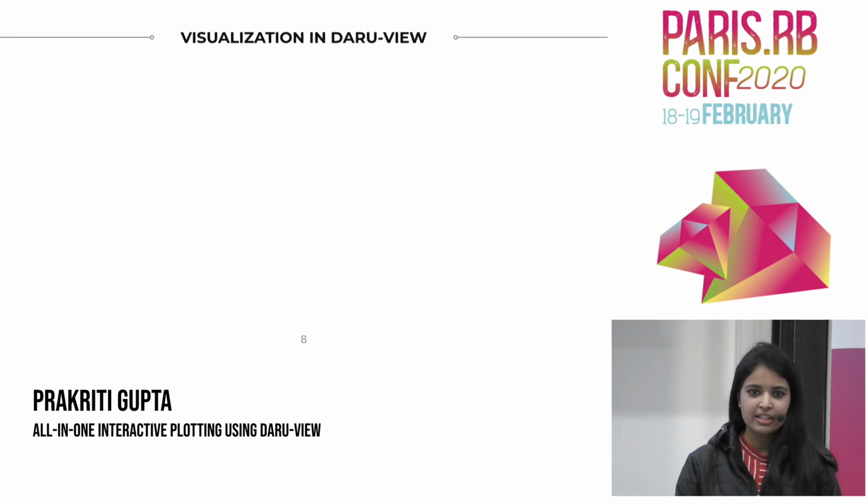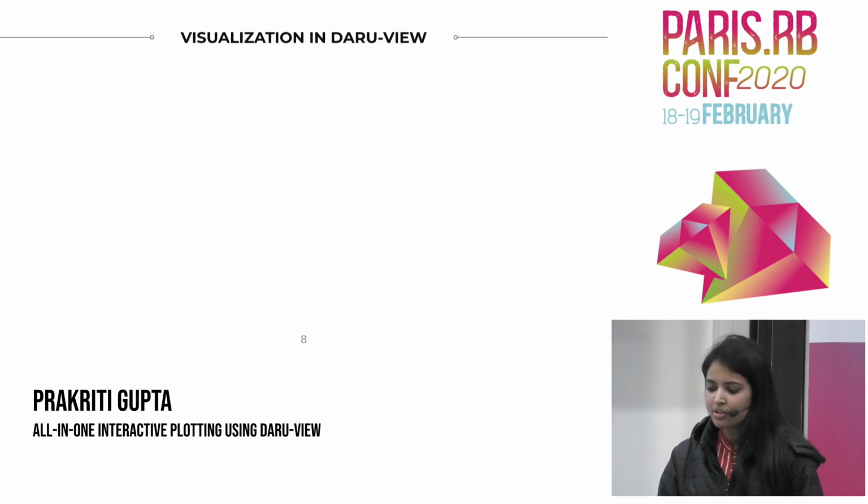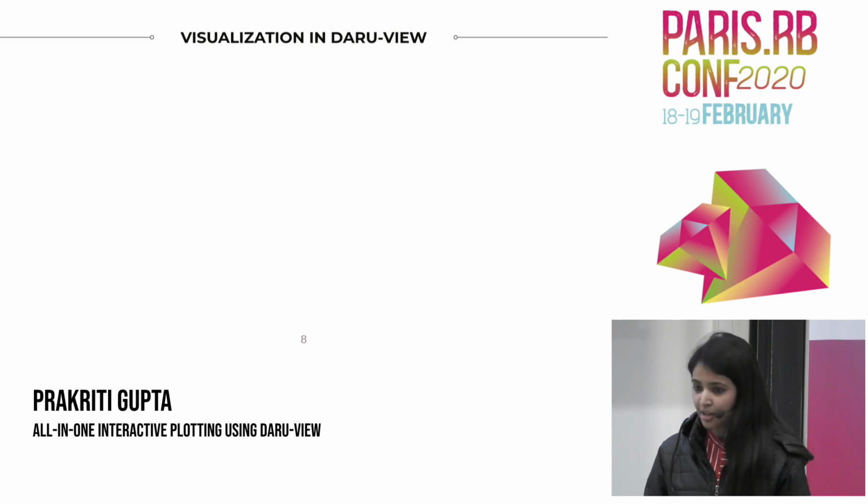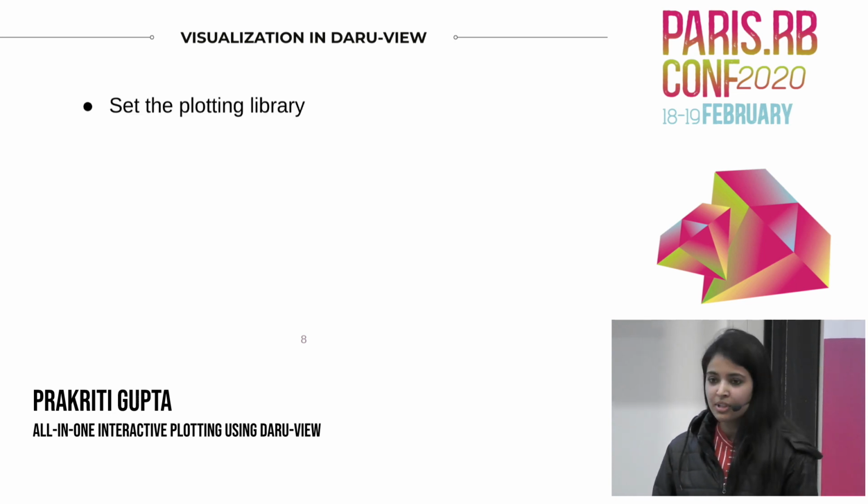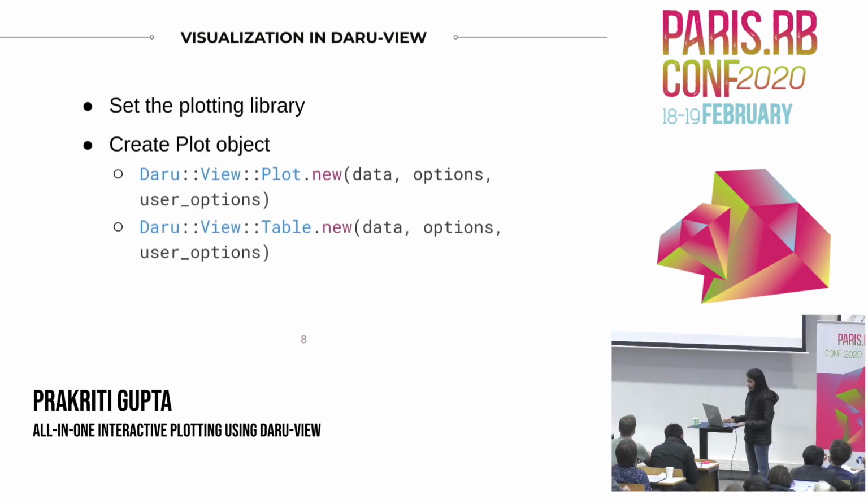But how do I use these tools in DaruView? In order to create a visualization in DaruView, we first need to set the plotting library. It can be either Google Chart, HighChart, Nyaplot, or data tables. Then you need to create a plot or a table object. In order to create this object, we need to pass 3 parameters: data, options, and user options.